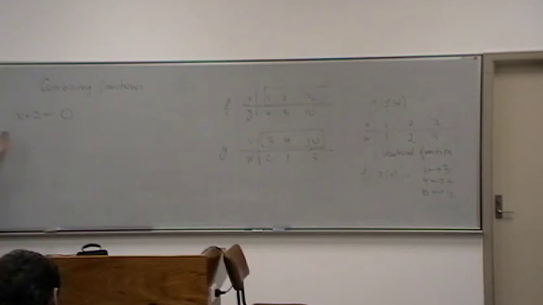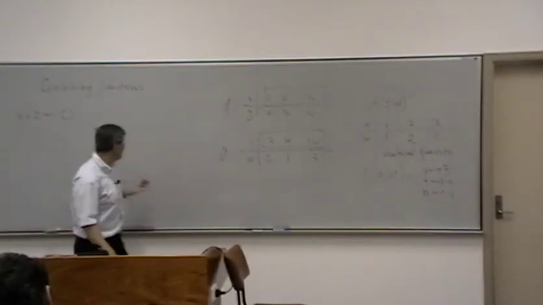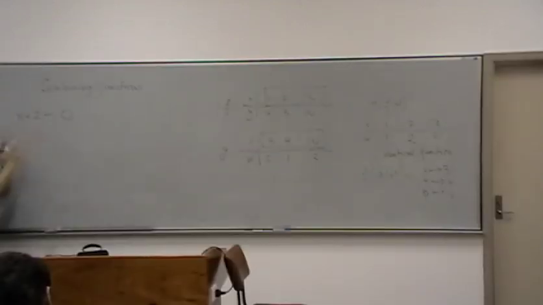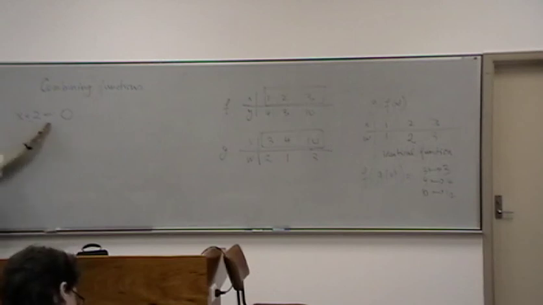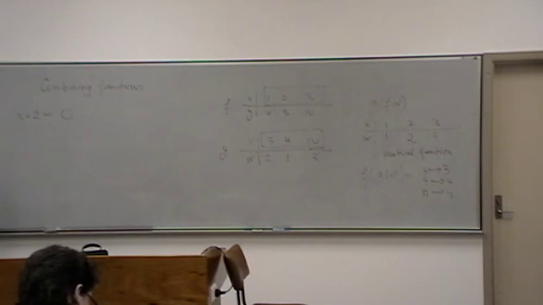So what we need to get our x back, we want an identical function. We want to isolate x on its own, x equals something. So we have to undo, we have to find the inverse function. So what would be the inverse function of adding 2? The inverse function is subtracting 2, so we can subtract 2 at both sides. We have to apply this inverse function to both sides.